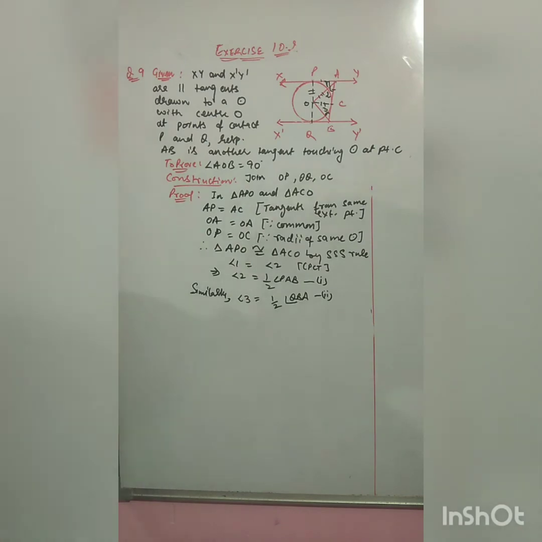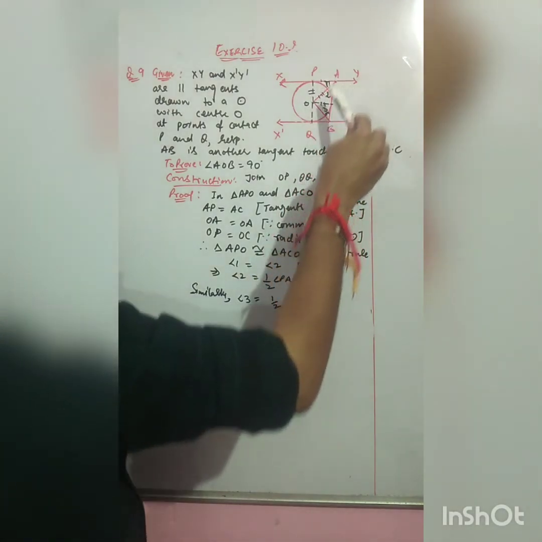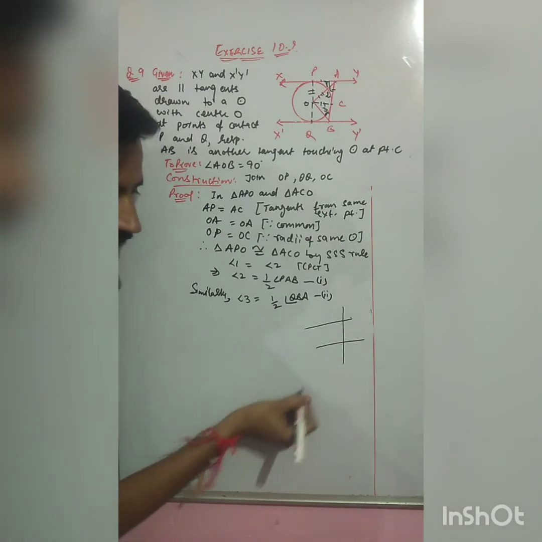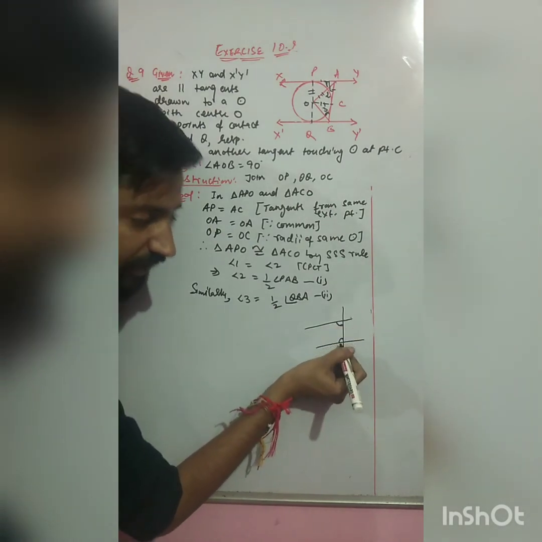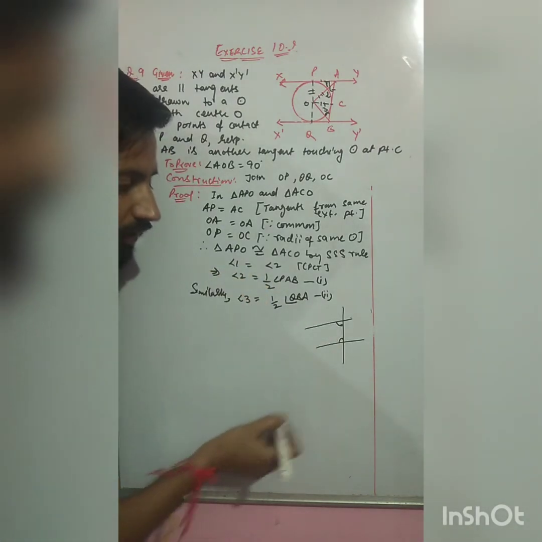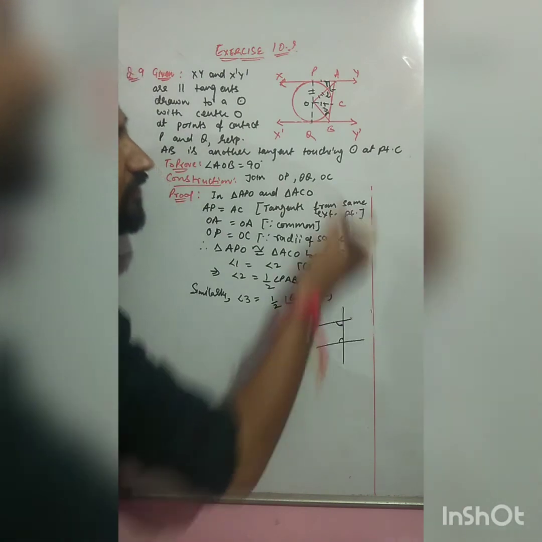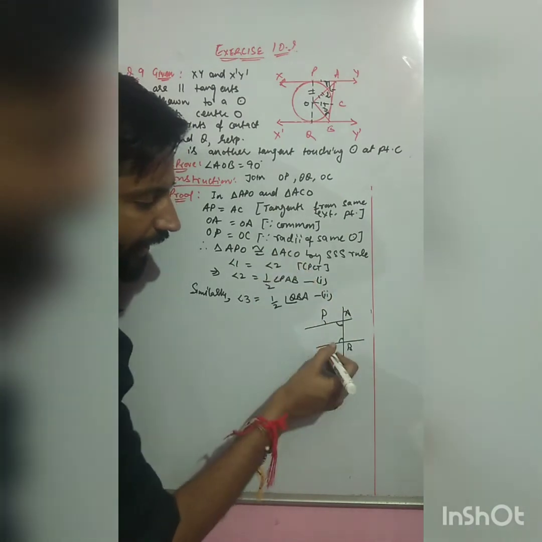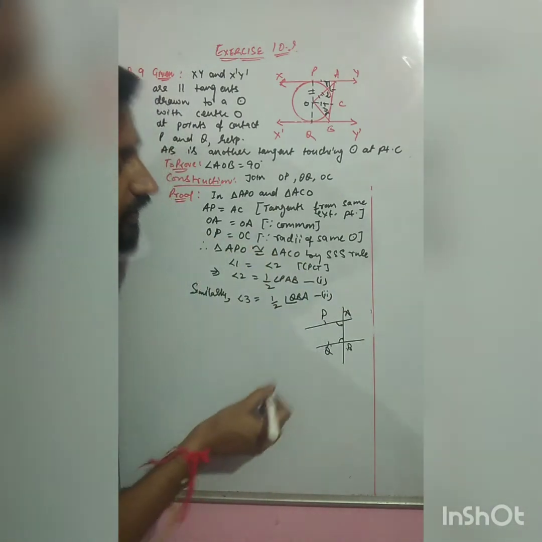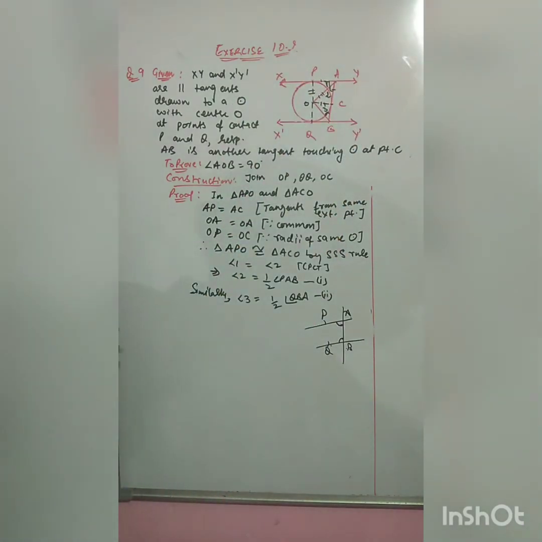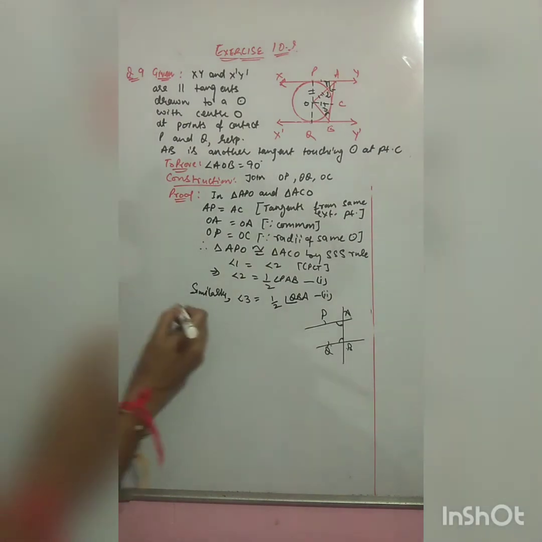Now, as we see that XY and X dash Y dash are parallel tangents and AB is a transversal, like in class 9th we have studied that if a transversal intersects two parallel lines, then the interior angles on the same side of the transversal are supplementary because these are co-interior angles. So in the same way, in the given figure we have PAB and QBA, and because XY and X dash Y dash are parallel, these two angles are also supplementary.